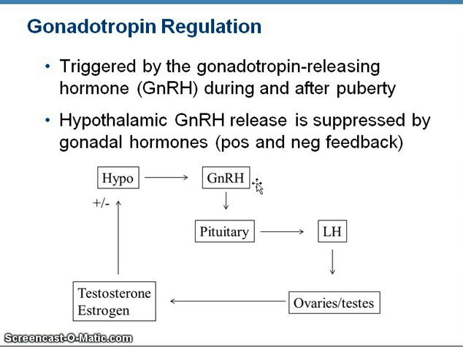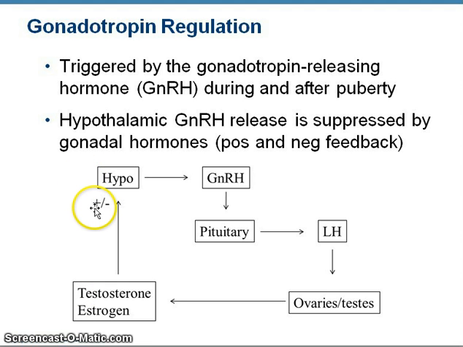This will travel down the pituitary portal vein to the pituitary gland, which will then release either LH or FSH, usually both. I just have LH on the PowerPoint. LH and FSH will then target the ovaries and the testes, depending on your gender. Then the ovaries or testes will produce either testosterone or estrogen, and testosterone and estrogen will feed back on the hypothalamus.